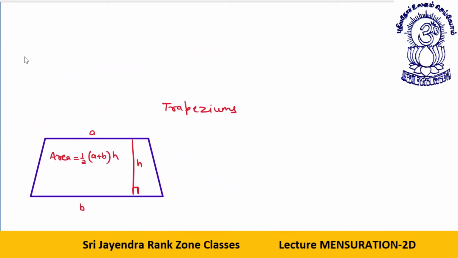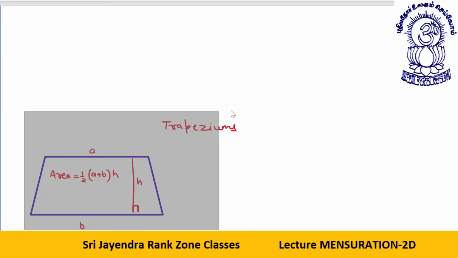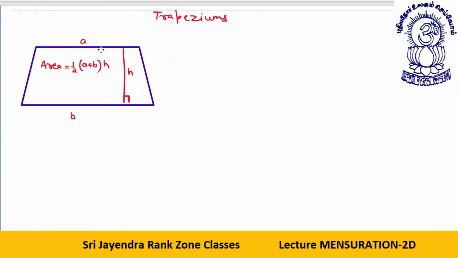Okay, let me move this to the top portion so that I get more space to explain things. This is the basic of trapezium. Clear to all? This is the area: half into sum of parallel sides into height.